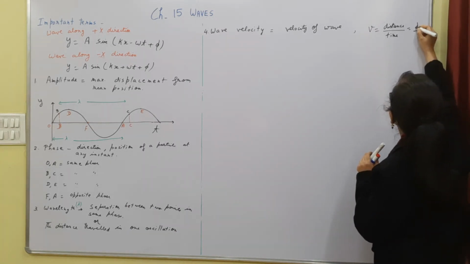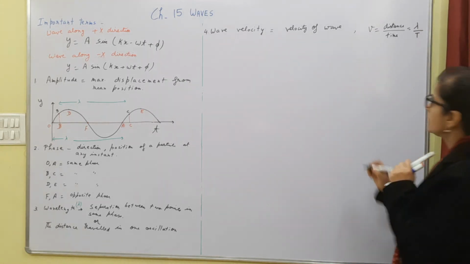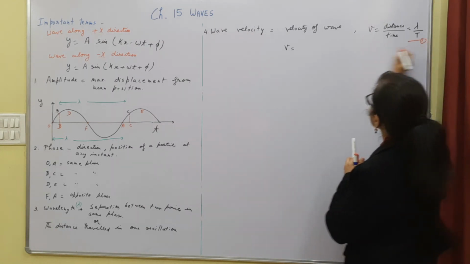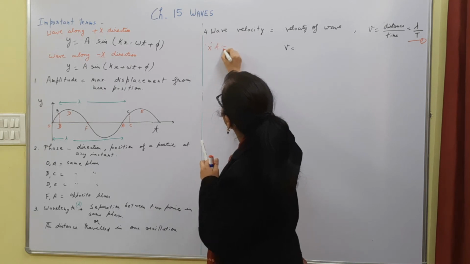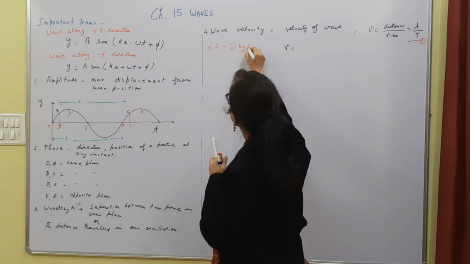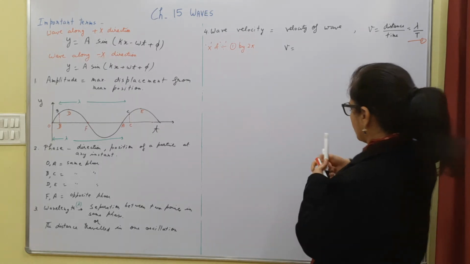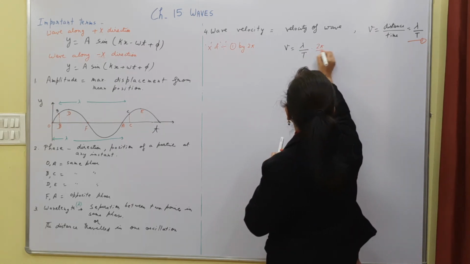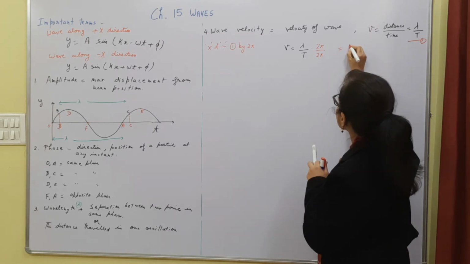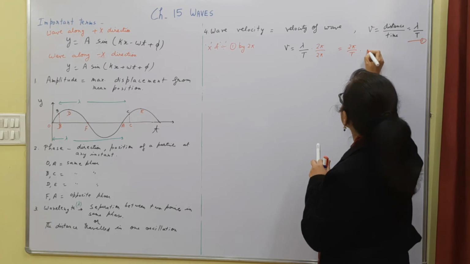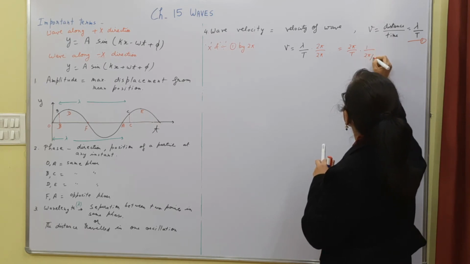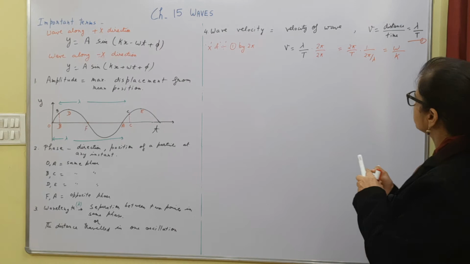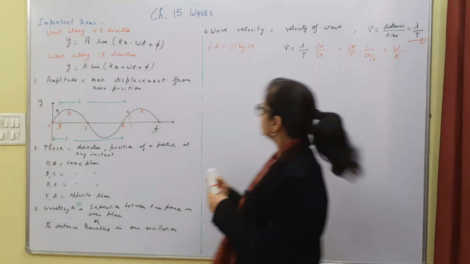So you can write down this as lambda upon T. This can be written as, if I multiply and divide this by 2 pi. So what will we get? This is 2 pi upon 2 pi. So this will be given as 2 pi upon T multiplied by this is omega upon k, right?